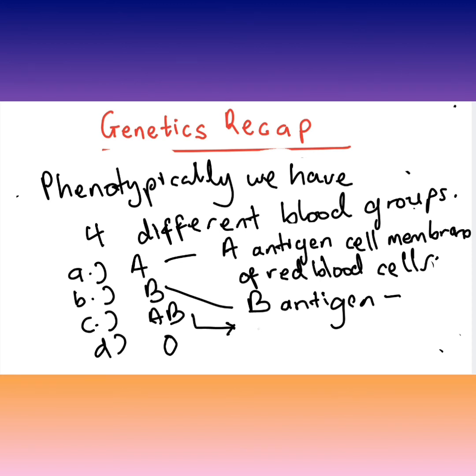AB, if you can guess, has A and B antigens on the cell membrane of the red blood cells as well, while blood group O, or blood group 0, has no antigen at all on the cell membrane of the red blood cells of those individuals.